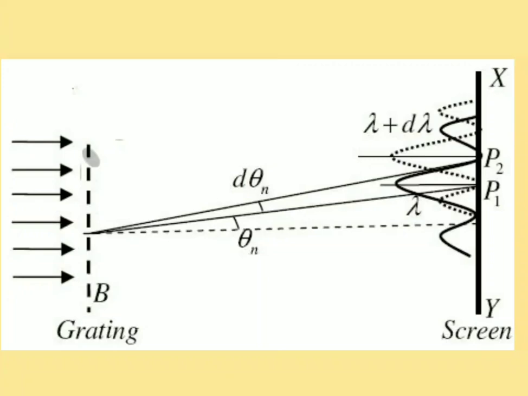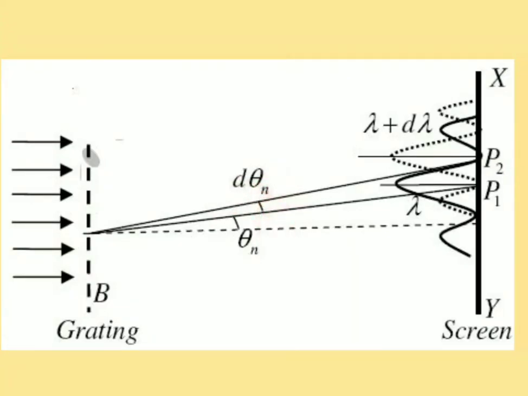When you observe the diagram, here P1 is the central maxima having wavelength lambda and the angle of diffraction is theta n. P2 is the position of central maxima having wavelength lambda plus d lambda with a diffraction angle theta n plus d theta n.